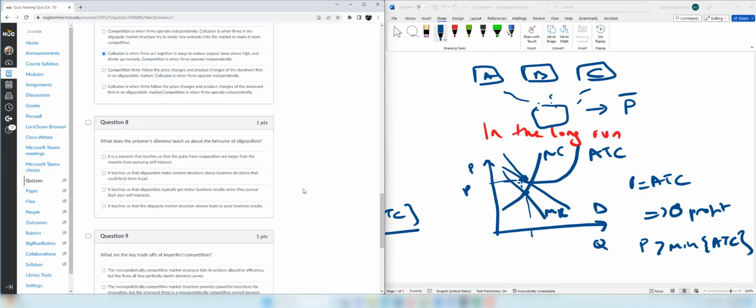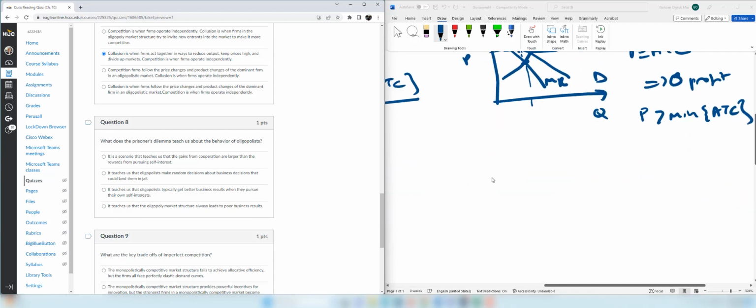Question 8. What does the prisoner's dilemma teach us about the behavior of oligopolists? So in the prisoner's dilemma, if you remember from your textbook, we can quickly review it. There are two prisoners, let's say A and B, and the police interrogate each prisoner independently, that means in a separate room.